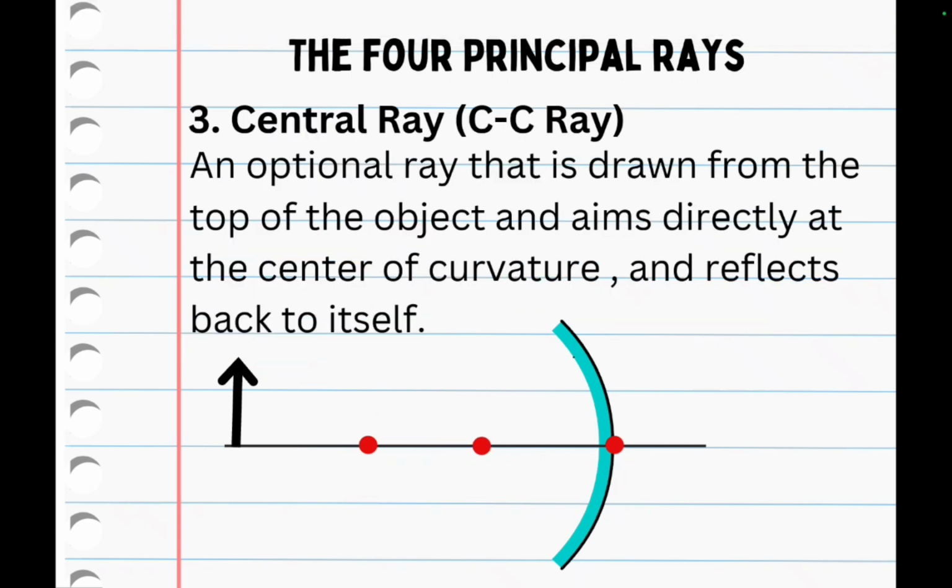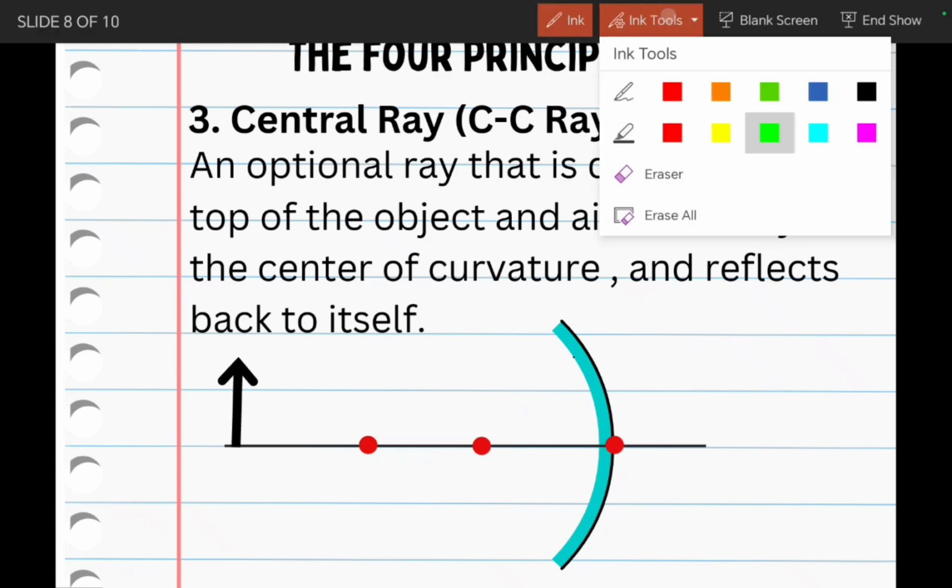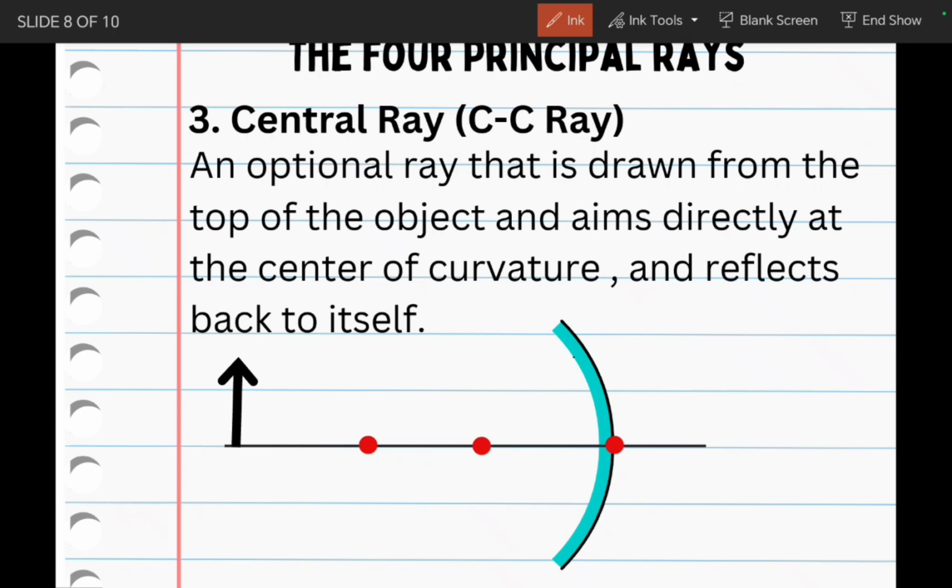The third one is the CC ray. Again, it is the optional ray that is drawn. Let's label this one first before anything else. This is the center of curvature, the focal point or the focus, and then we have the vertex. It is an optional ray that is drawn from the top of the object and aims directly at the center of curvature.